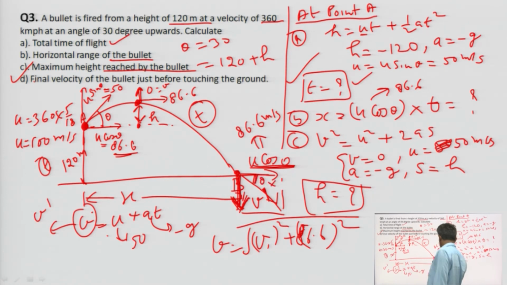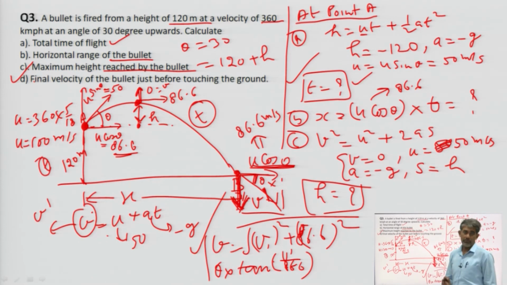Theta will be tan inverse of v dash by u cos theta, means 86.6. So, this is the final velocity at this point. By doing this we can have that value.